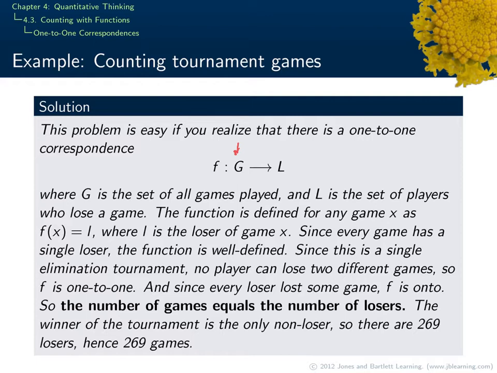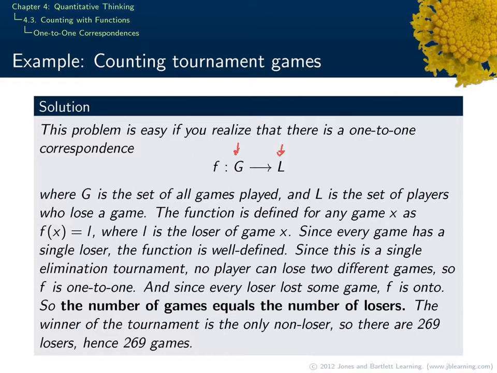However, we can define a function f from the set of games played to the set of players who lose a game, so that'll be L, in the following way. We just let f of x be equal to L, where L is the loser of game x.